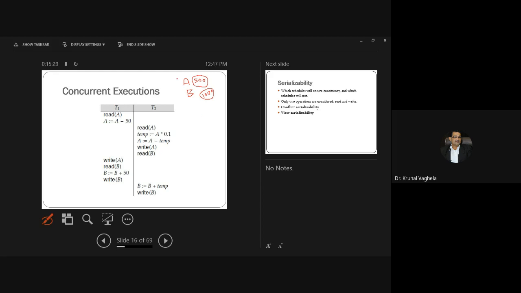So this is the database. So read A. What value of A will it read? 500. A is equal to A minus 50. So what will be A's value? 450.